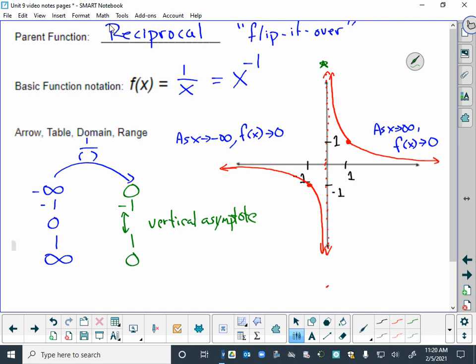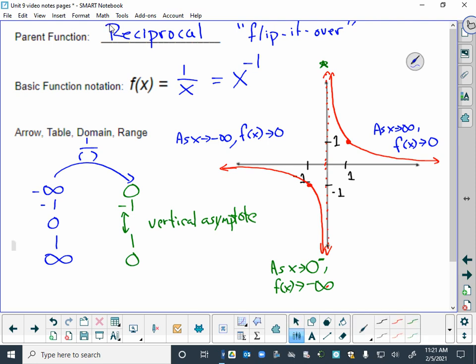But our description of a vertical asymptote, on this one we would say that as x approaches 0, 0 is where this thing happens, right? Because that's where it was over here in our list. And we're going to put a little negative sign up on the top that says as x approaches 0 from the negative side, from the left-hand side, we can say that f of x, the outputs, approach negative infinity.